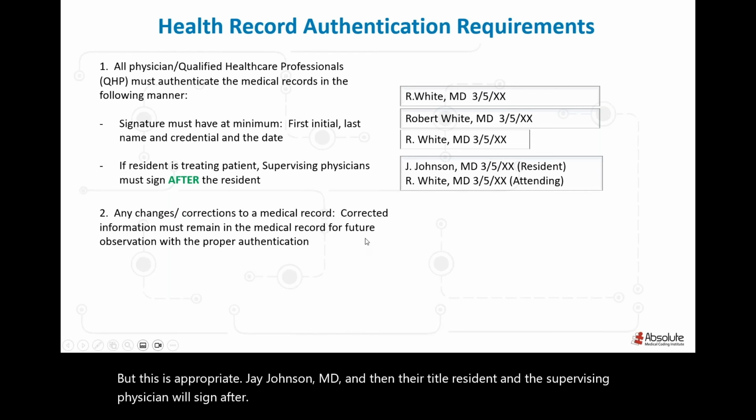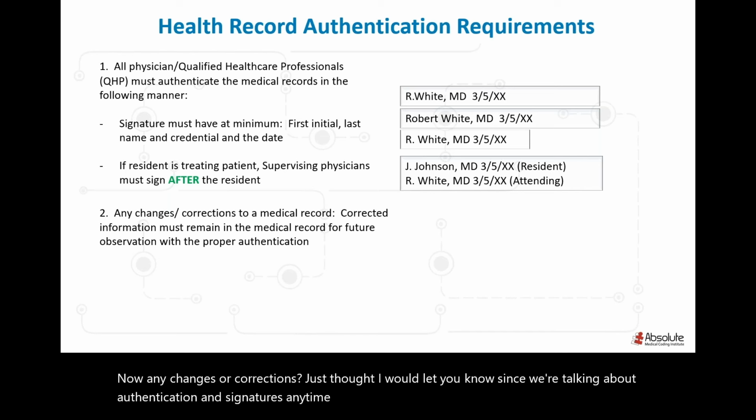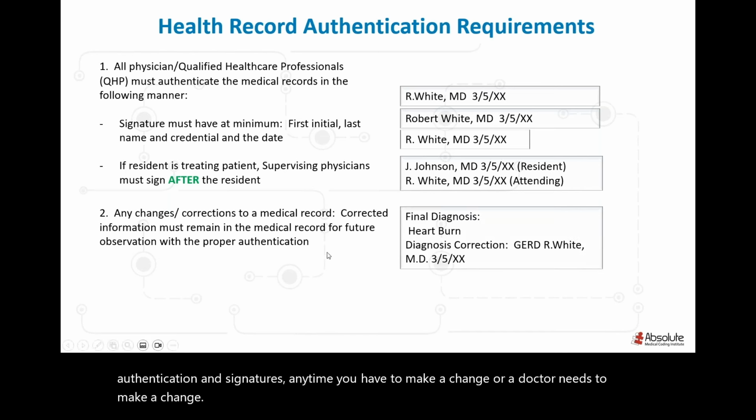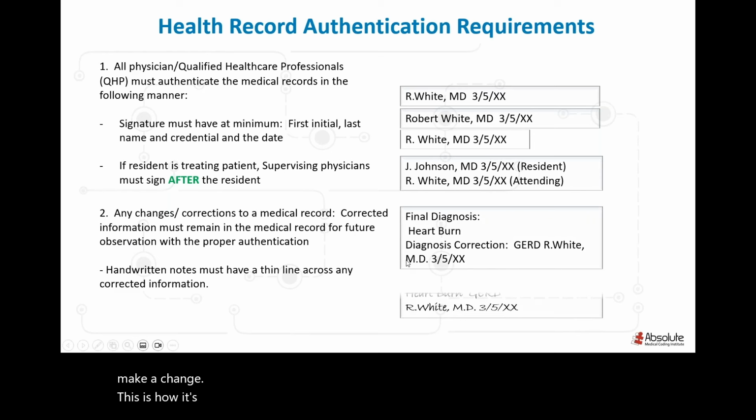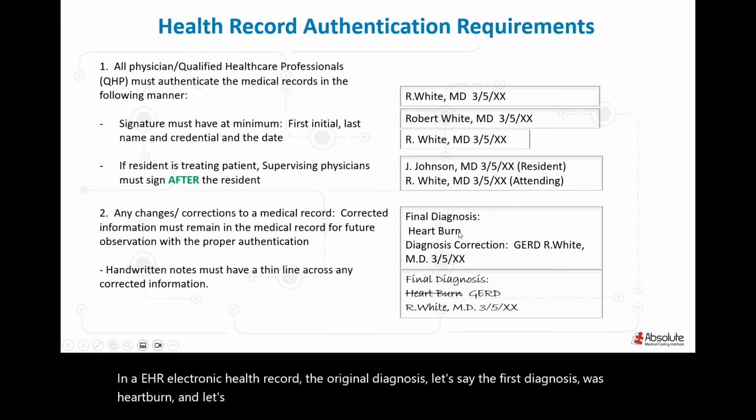Now, any changes or corrections, just thought I would let you know, since we're talking about authentication and signatures, anytime a doctor needs to make a change, this is how it's done. In an EHR, electronic health record, let's say the original diagnosis was heartburn, and the doctor wants to go in and correct it.